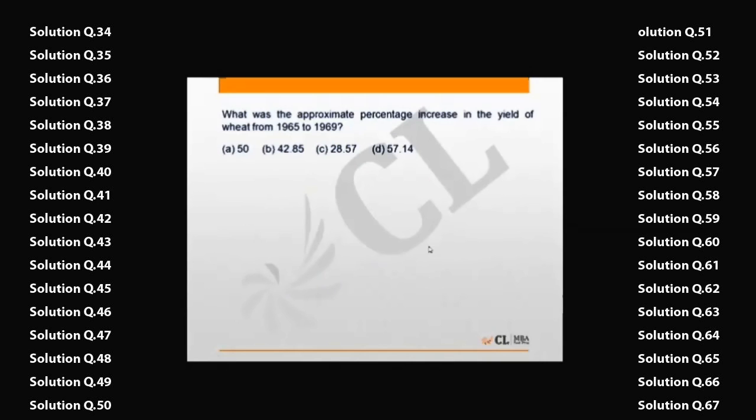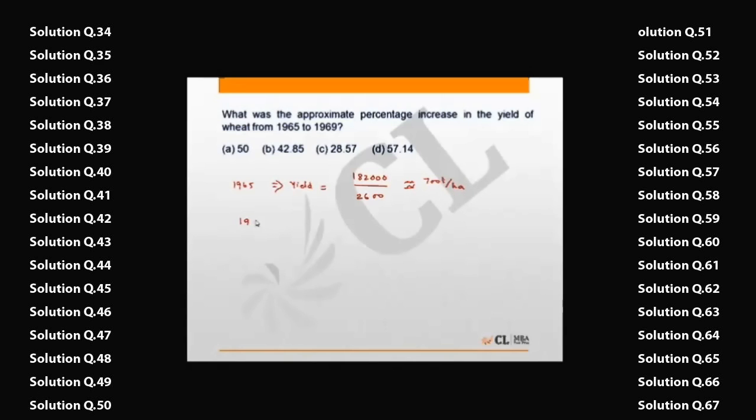So let's find out the yield of wheat in 1965. In 1965, the yield of wheat was 182,000 tons divided by 2,600 hectares. That's approximately equal to 700 tons per hectare, or actually exactly equal to 700 tons per hectare.